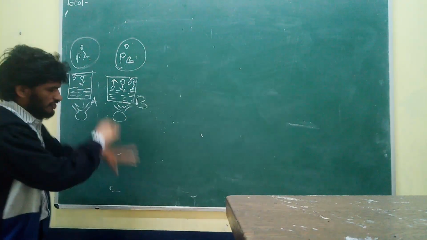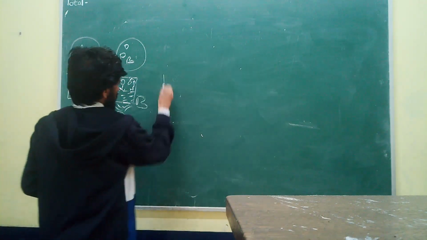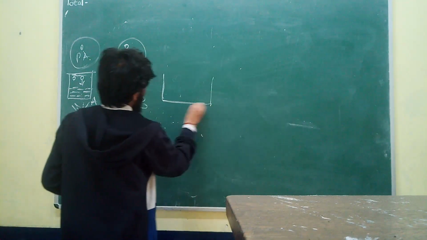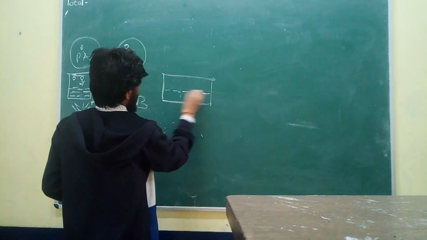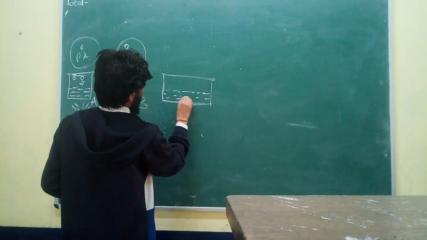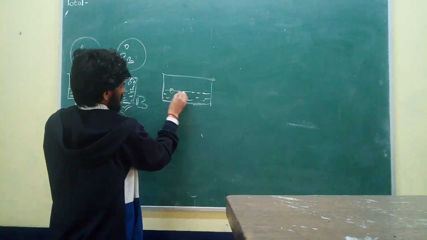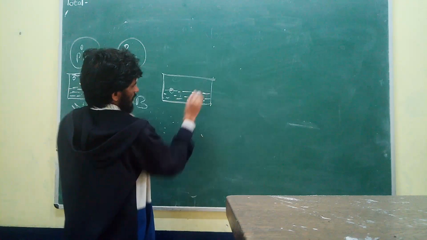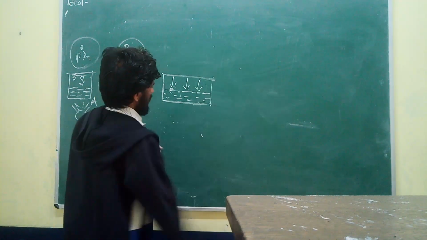When we combine these two, what happens? We take a big container and put these two in. Now, half of the A particles come onto the liquid surface and half of the B particles come, and pressure is applied on the surface.